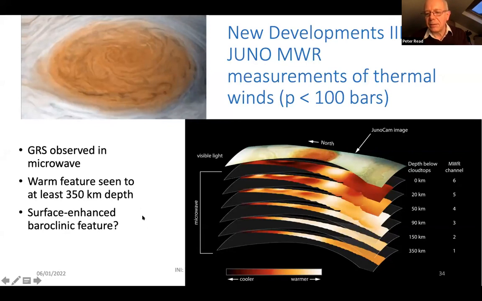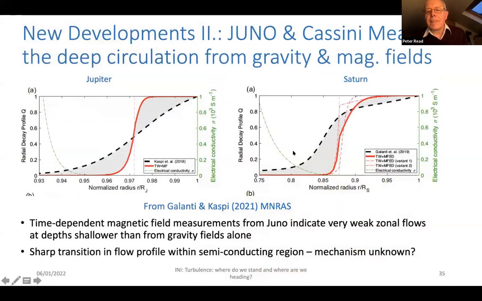It seems to be probably no more than about 500 kilometers or so deep, compared to the zonal jets themselves that have been deduced to penetrate something like 3,000 kilometers into the planet from the visible surface. But there are various other features that are quite intriguing and far from being well understood.